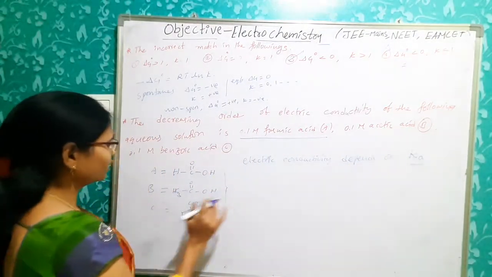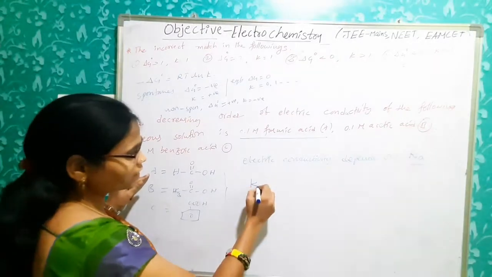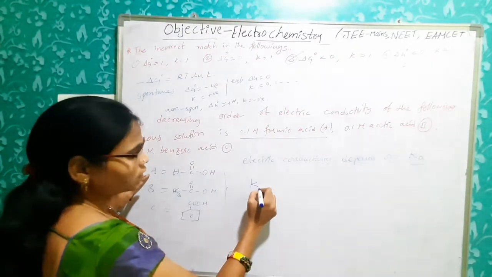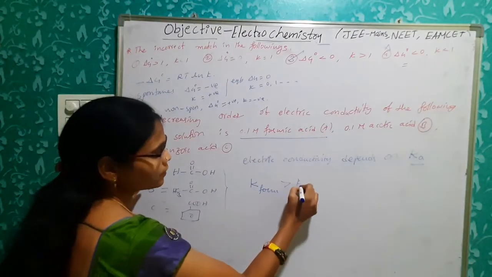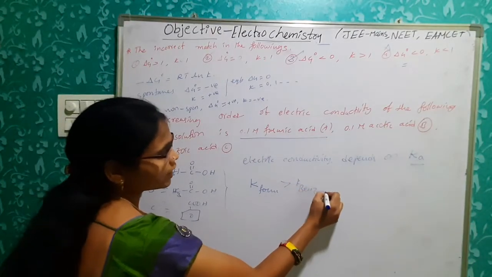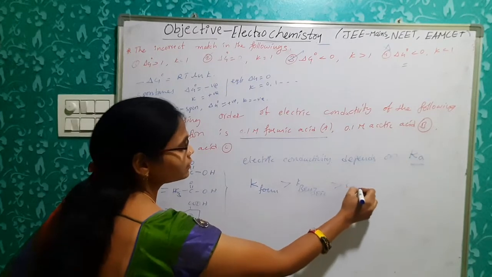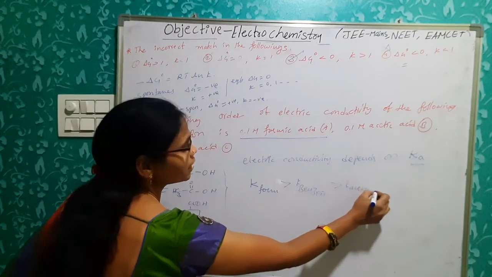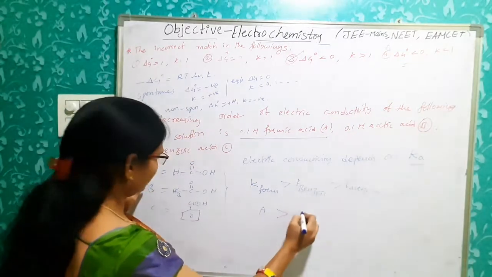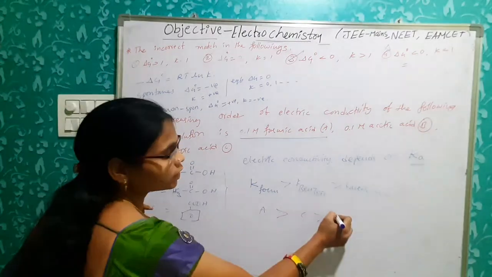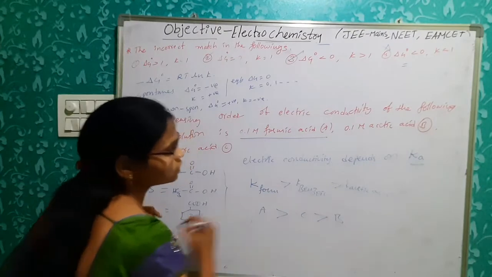Here the acid dissociation constant for formic acid is more than that of benzoic acid, and more than that of acetic acid. Simply, formic acid A is greater than C greater than B. So this is the relation.